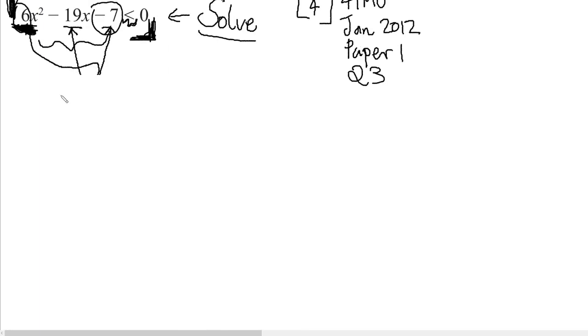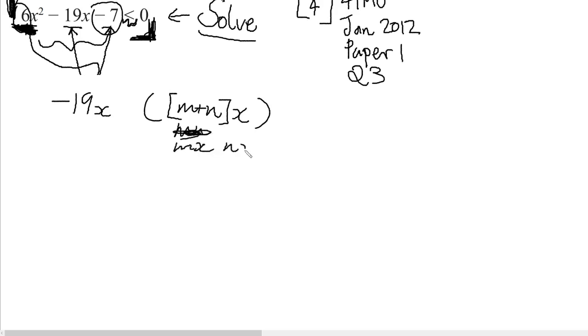We're going to split up minus 19x, which is equal to M plus N times x, into its component parts, Mx and Nx. So minus 19x will become plus 2x minus 21x. And this may seem counterintuitive. You're making a simple expression more complicated, but for what reason?